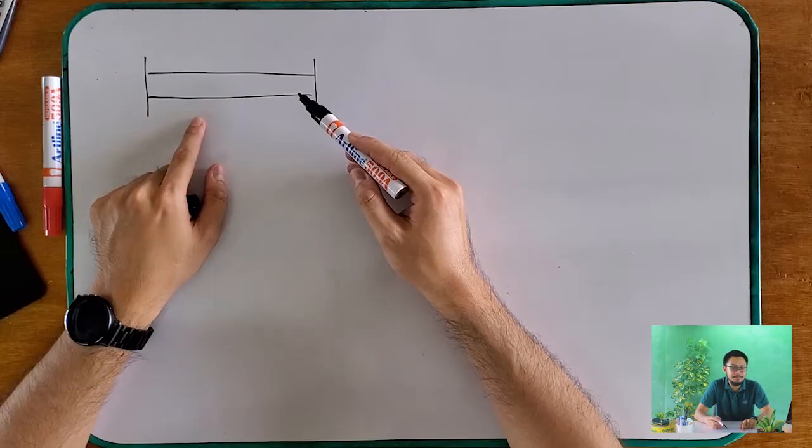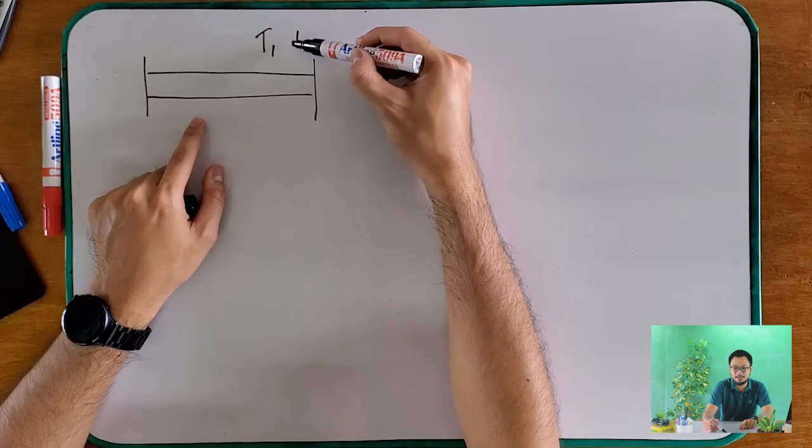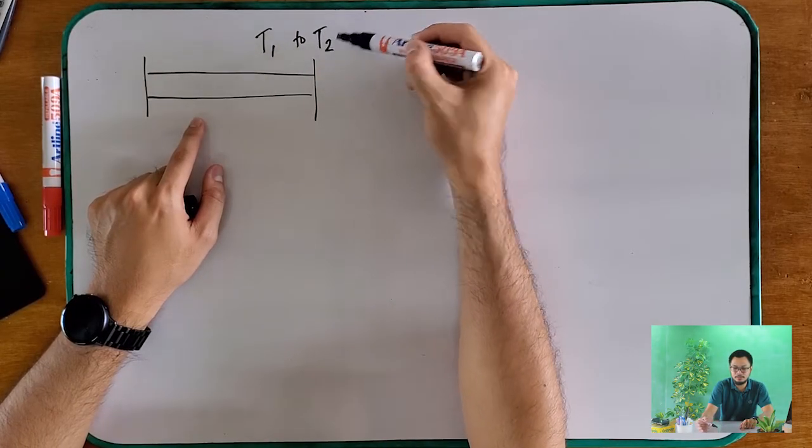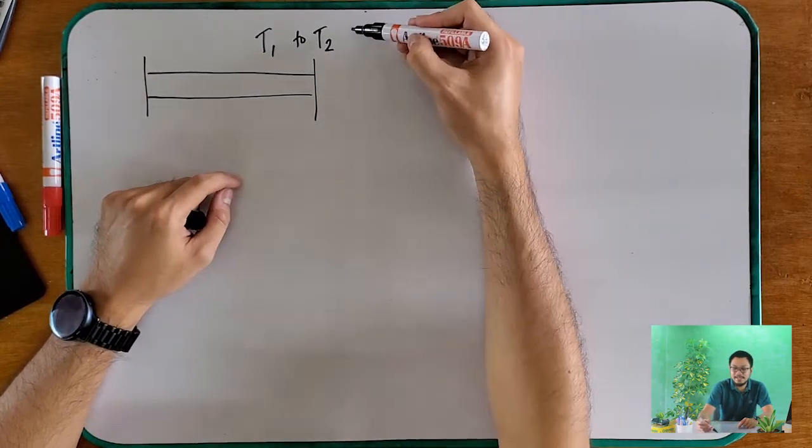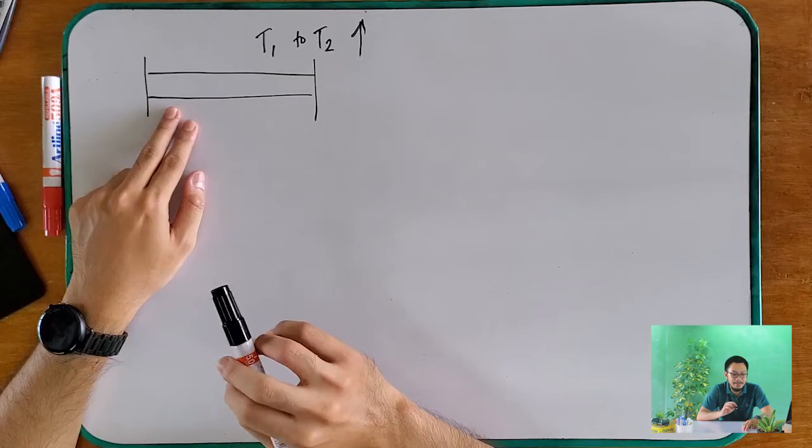When you have this beam, and there is a change in temperature from T1 to T2, so nag-increase ang temperature. Okay? Nag-increase ang temperature, and this beam here tends to increase its size. Because of the increase in temperature, ni-increase ang iyang size.